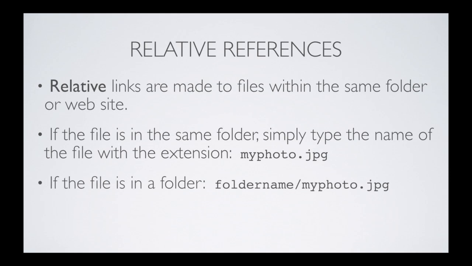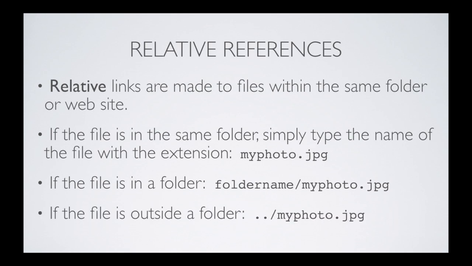Now, if the file is in a folder which is inside the folder where your web page is, then you would need to begin with the folder name, then a slash to indicate that it's a folder, and then the name of the file. However, if the file you want to link to is outside the folder that you are currently making your web page in, you would have to add two dots, then a slash, and then the name of the file.